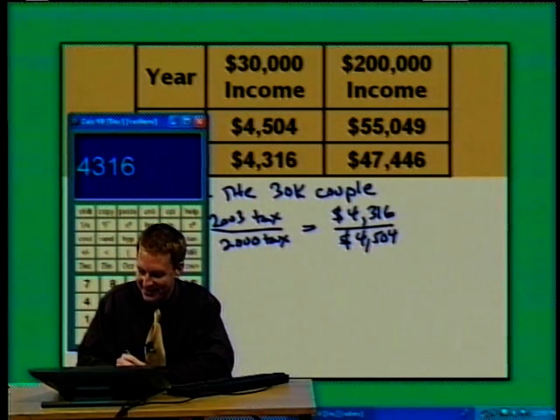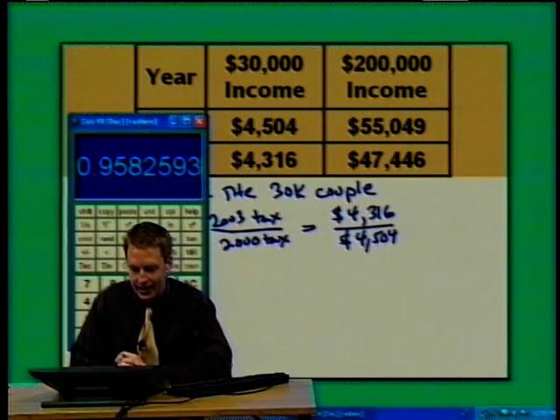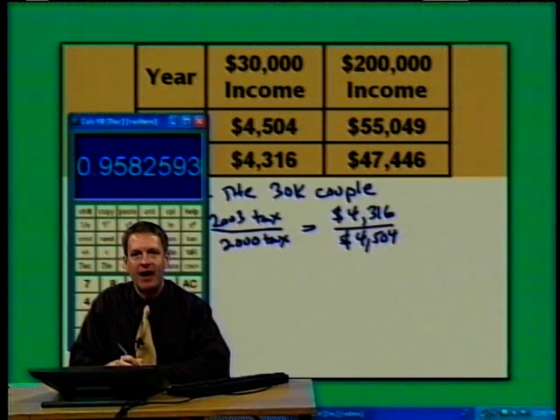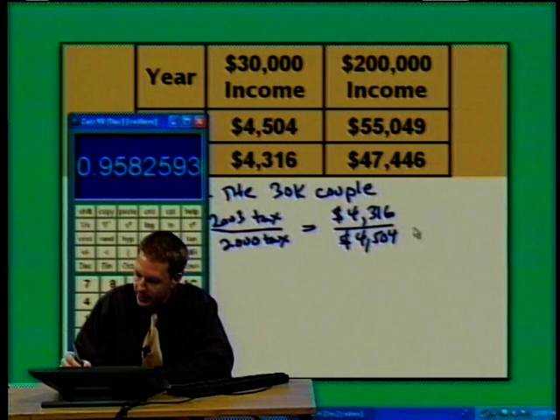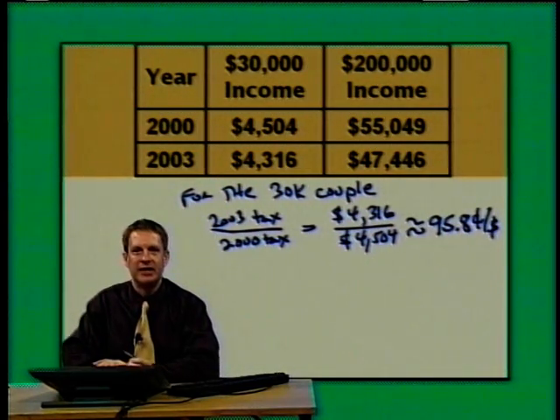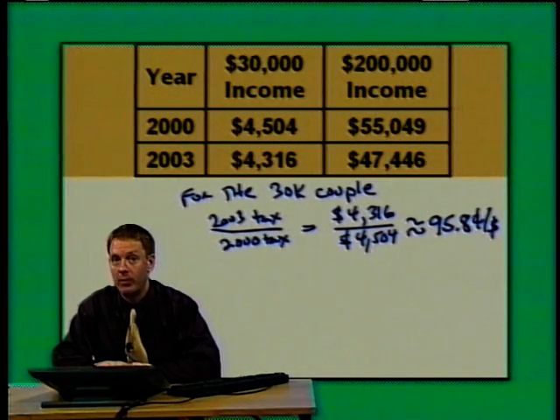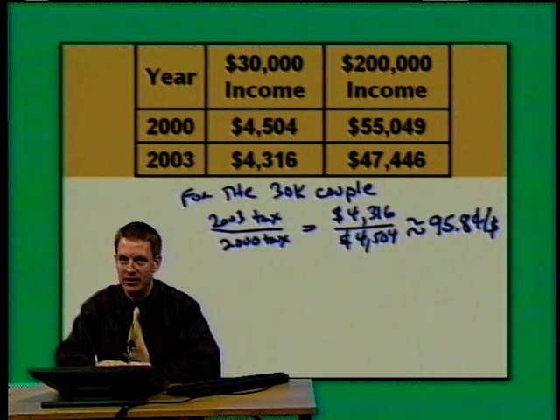So this is 4316 divided by 4504. That's about 95.8 cents per dollar? That's a pretty good deal, right? Their taxes went down a little bit more than 4%. They're only paying 95.8 cents in 2003 for every dollar they paid in 2000.